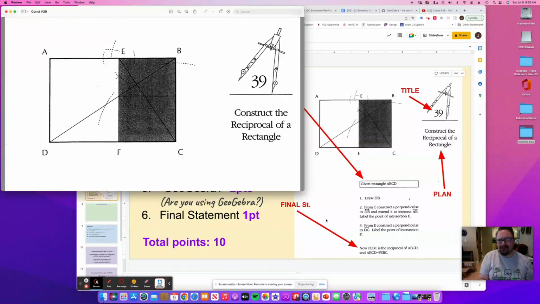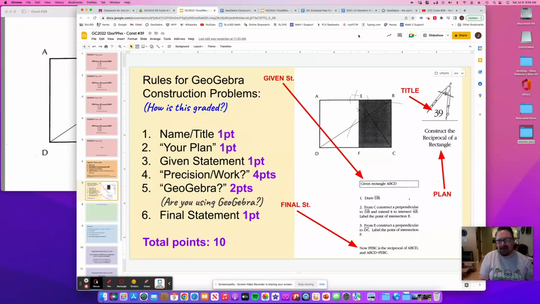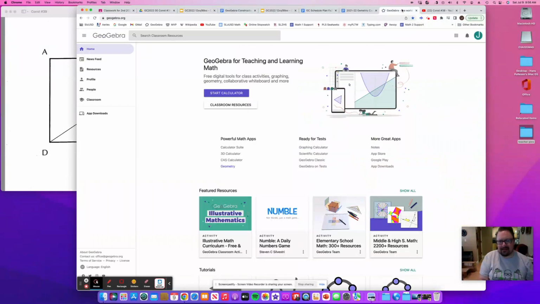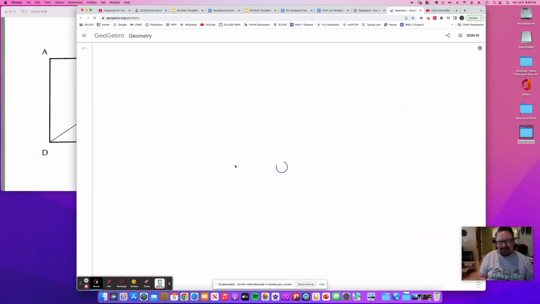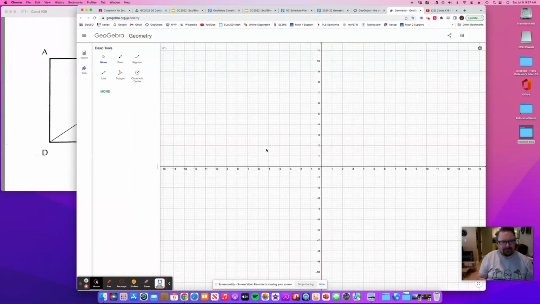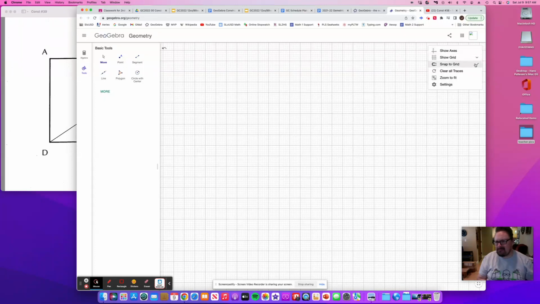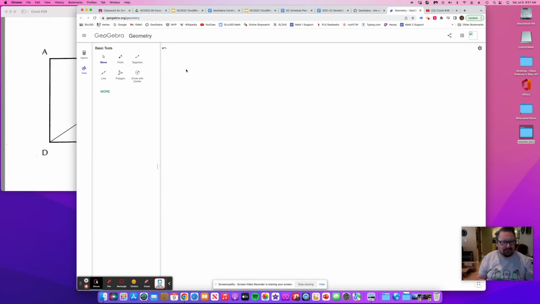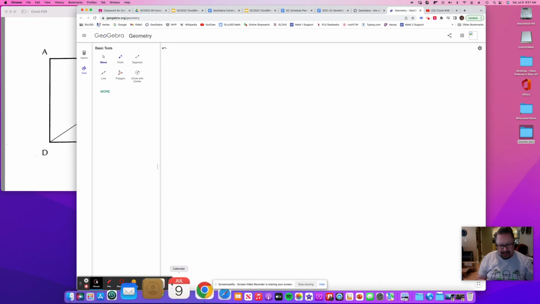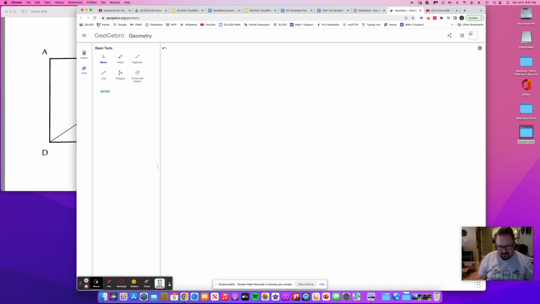All right, so we can use the geometry app for this one because we don't need to be precise on our measurements. So let me start with my clean sheet of paper, and then we'll get the more tools up here.